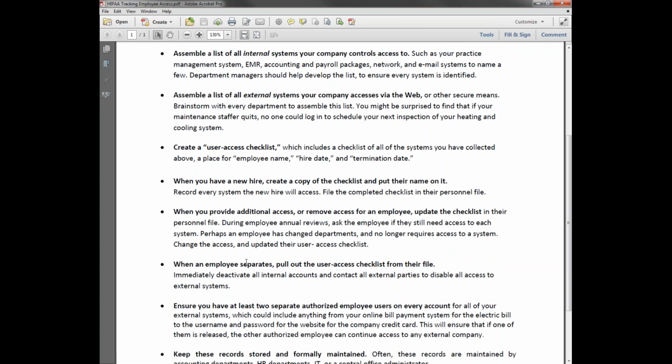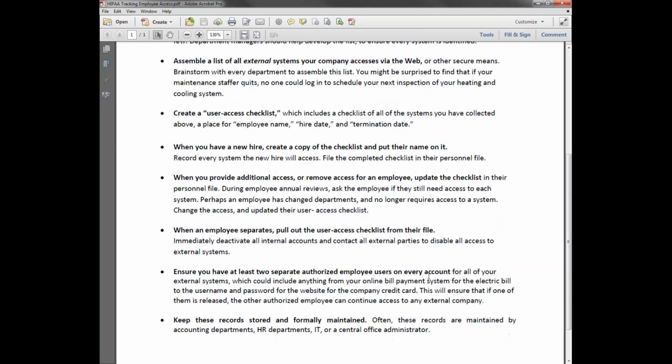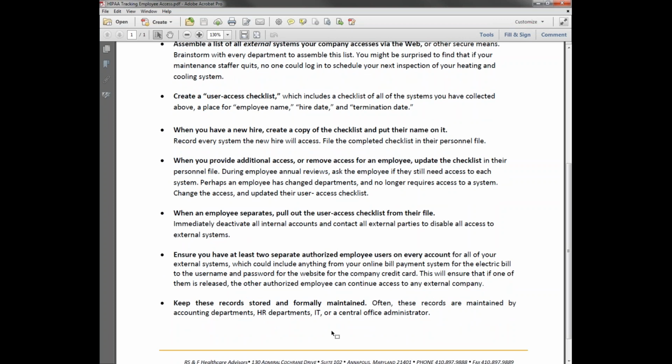Again, we talked about when an employee separates or is terminated, taking out this user access checklist from their file and immediately deactivating all the internal accounts and contacting all the external parties to disable all the access to these external systems. These are, again, just different ways for us to ensure that we're not violating HIPAA and protecting ourselves from any HIPAA breaches moving forward.